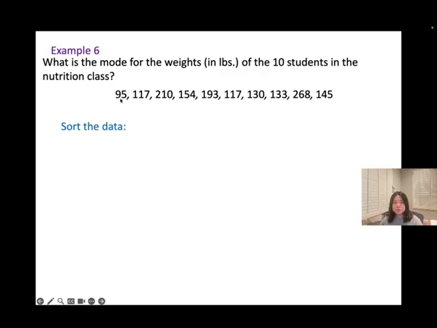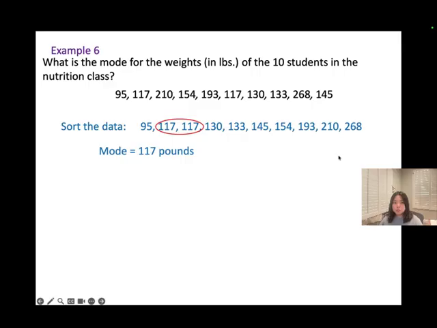There'll be 95, and then 117, and then 130, 133, 145, 154, 193, 210, and 268. Okay, sort the data. After you sort the data, it will be easy for you to find the mode. Okay, you could see I do have 2 of the same data, that's 117. So the mode will be equal to 117 pounds.